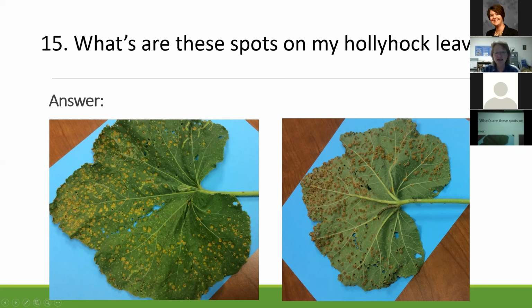I always remind people that fungicides do not kill fungus in most cases. There's a few exceptions. They do not kill the fungus. What they do is they prevent; you get the layer, that's why you have to get thorough coverage of the leaf surface.